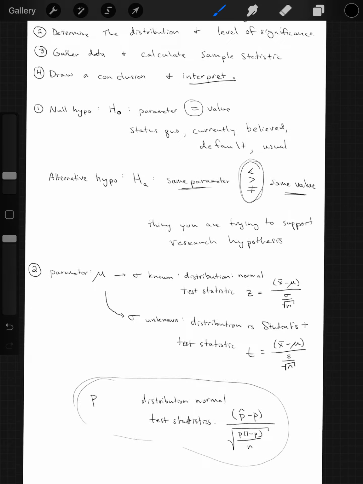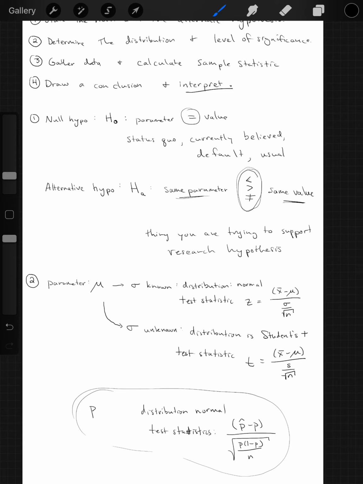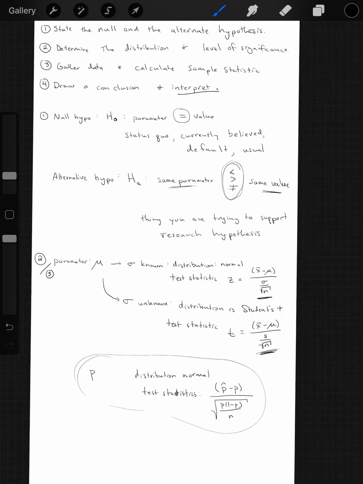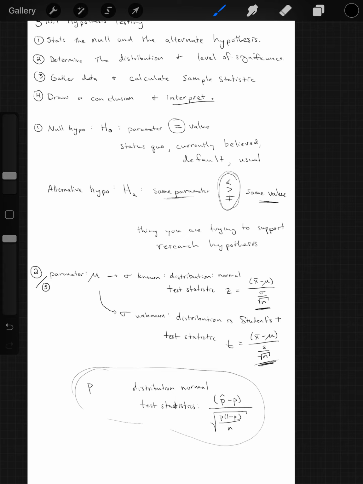So the other part of section 2 was level of significance. I'm going to put a pin in that for right now because there's some stuff that comes up in step 4 that makes that more meaningful. Technically this is also, to note, part 2 and 3, because this is the test statistic that you'll be calculating here in step 3.